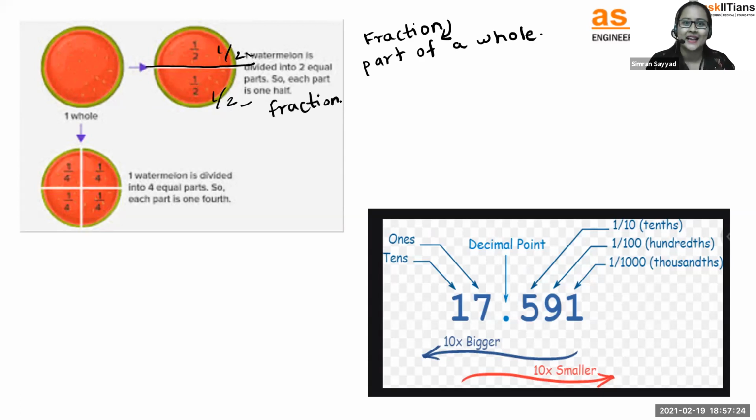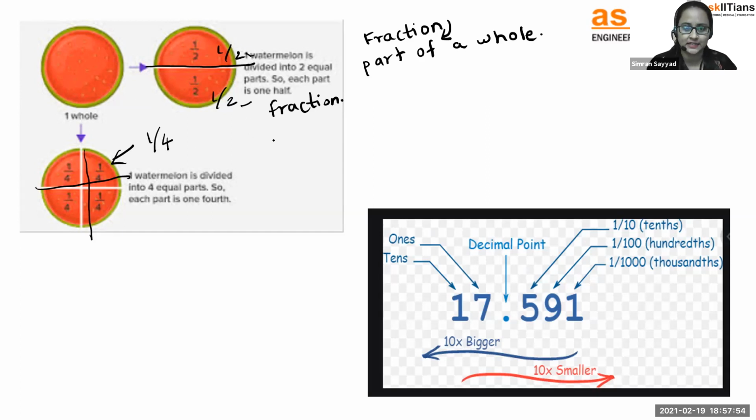Now, what if we cut this watermelon in 4 equal parts? Each part will be 1/4. How do we decide which is the numerator and which is the denominator?